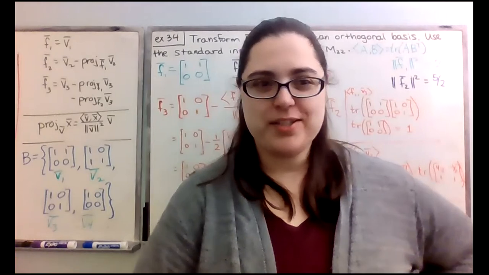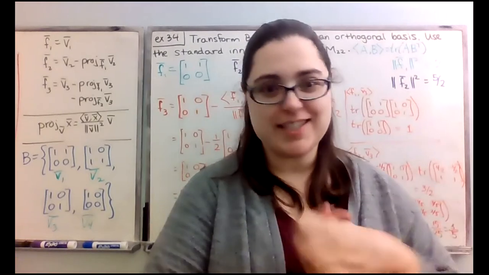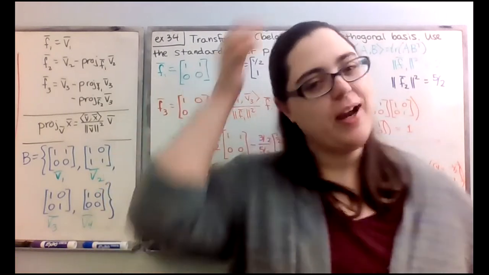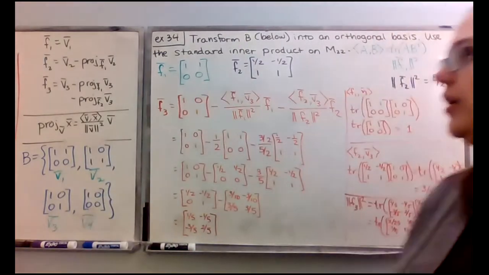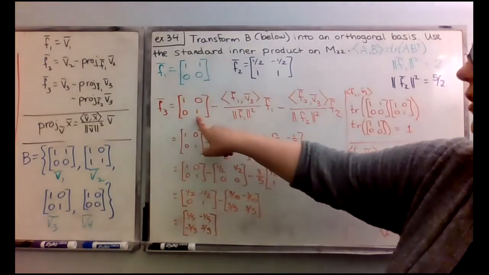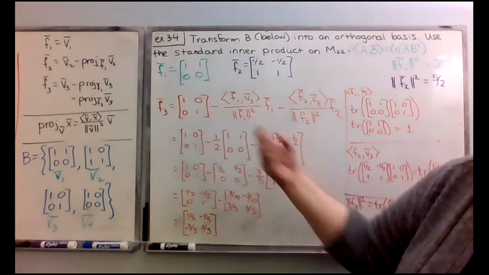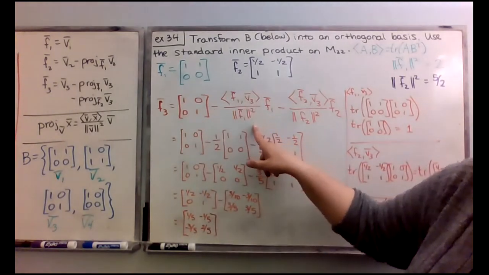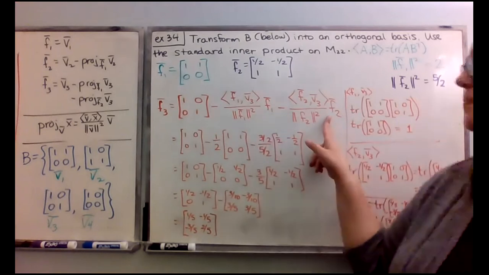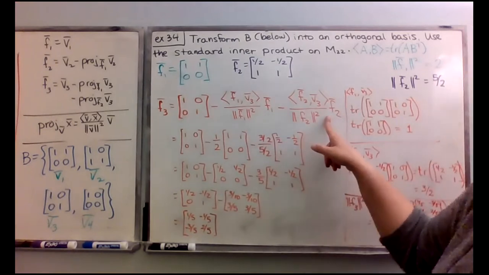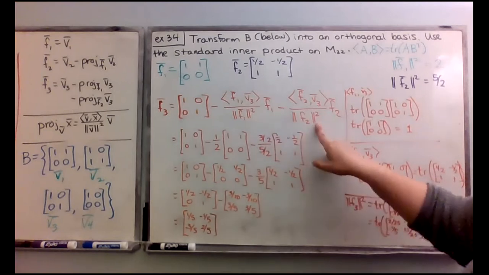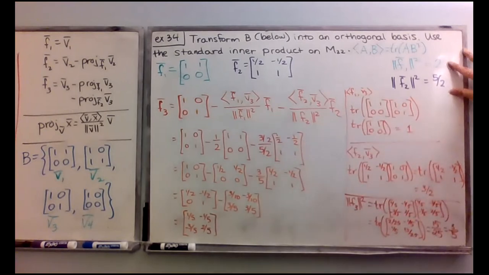All right, so how did we do at finding F3? Now let's find out. So I started out using our formula, right? So I took V3, which is the identity matrix. Then I have to subtract its projection onto F1 and subtract its projection onto F2. So I already had the norm of F1 and the norm of F2 over here. We found those earlier.